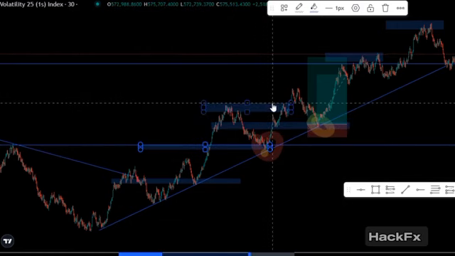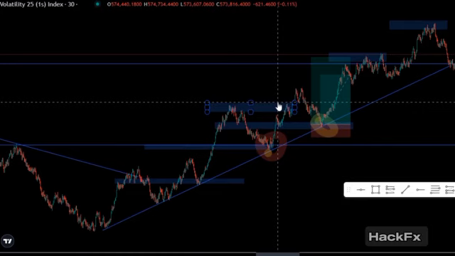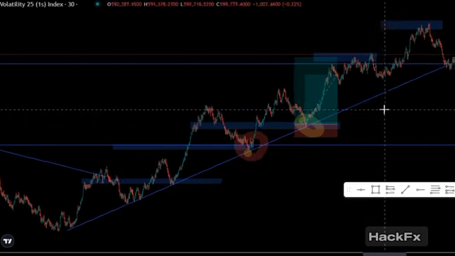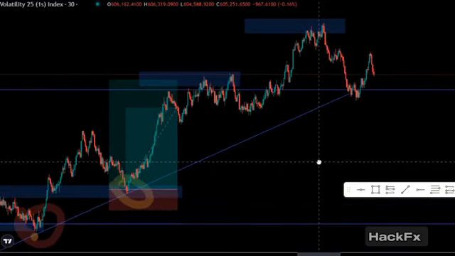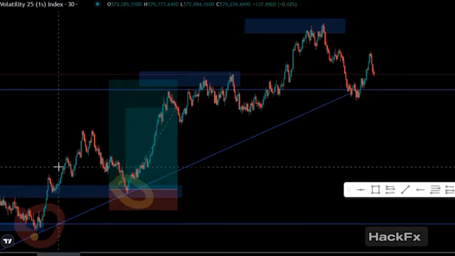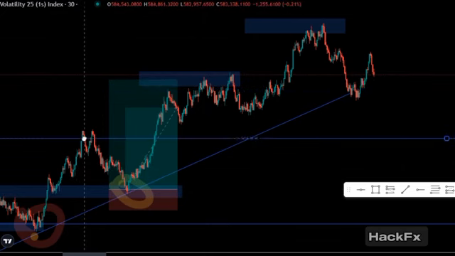Okay, so now we move on to the next one we have. So let's see if we can see another opportunity. Now see this opportunity. See, the market moved from here, broke this very high.